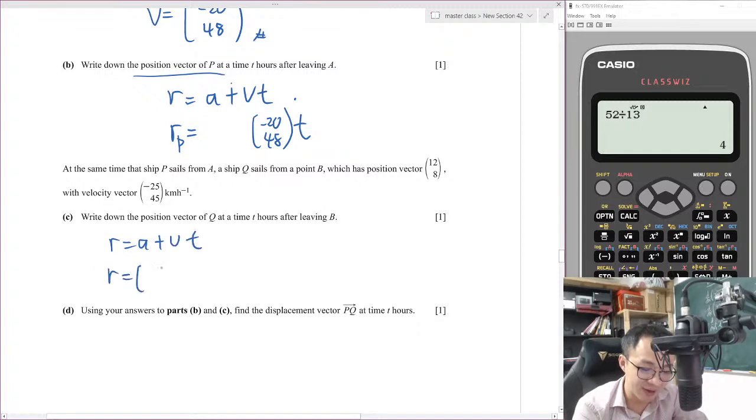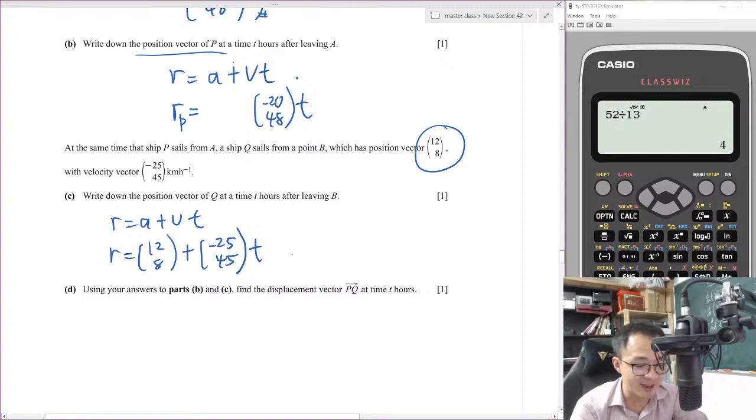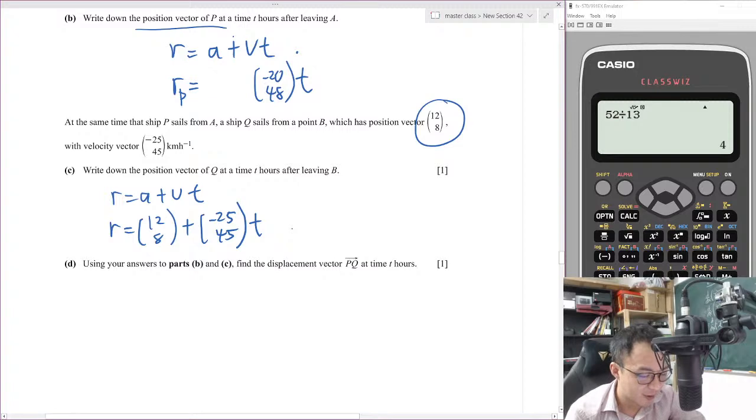The initial position vector is given as (12, a), v is given as (-25, 48), and t is just t because they say at the same time, so we don't need to add anything, unless they say 3 hours later or 4 hours later, then you need to add another 4 for your initial position. Alright, use your answer in parts b and c to find the displacement of PQ.